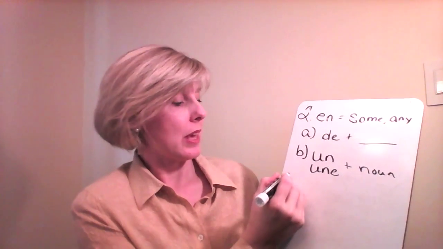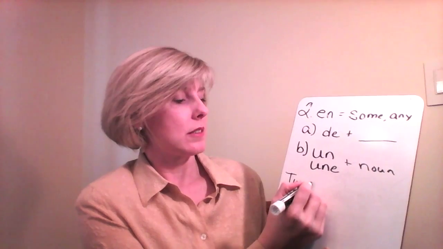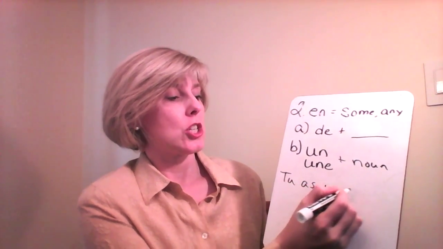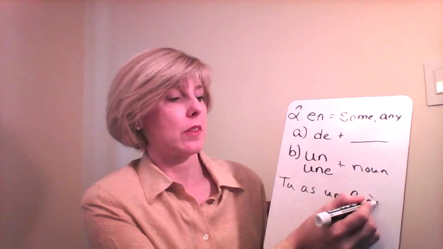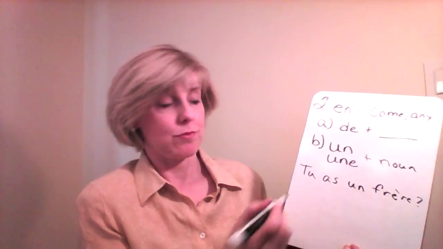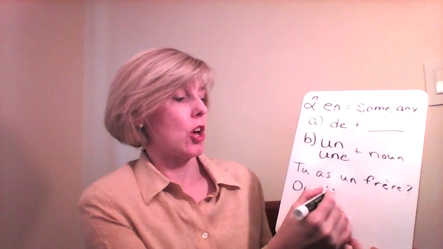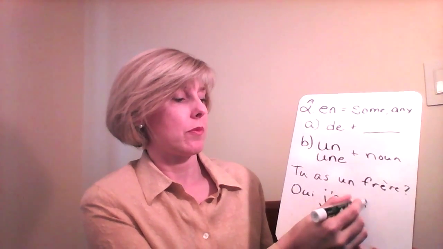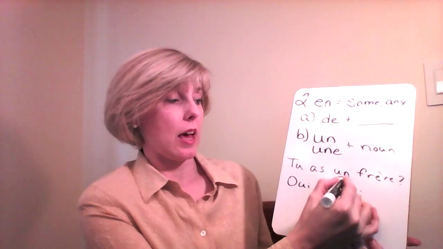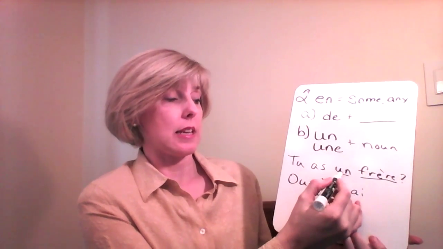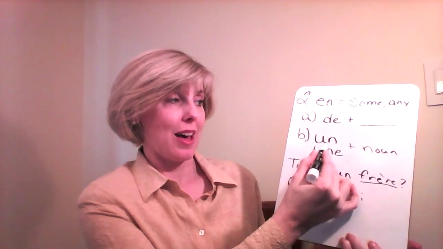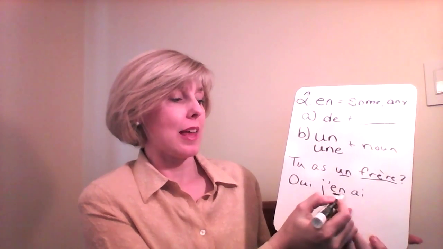For example, est-ce que tu as un frère? Do you have a brother? Yes, I do. I have one. Oui, j'en ai. So here's un frère. This is the word un. So un plus a noun. So I replace it with en.